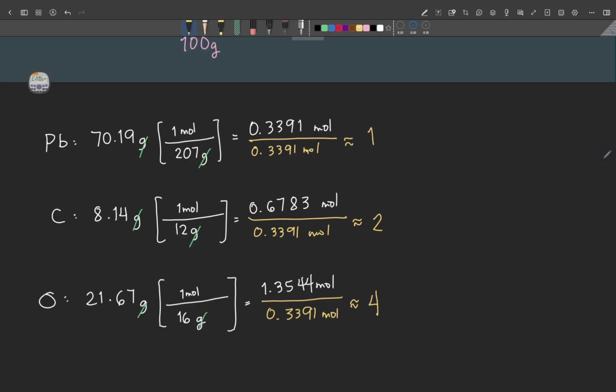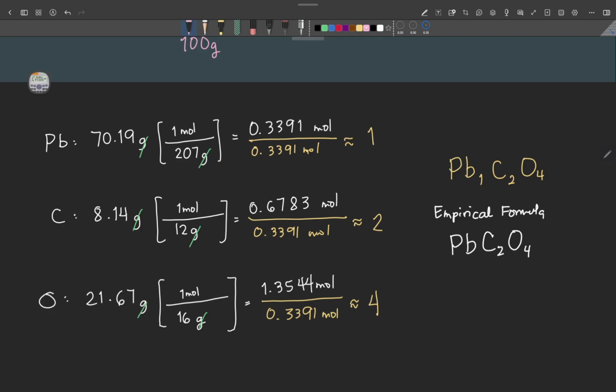Okay, and those numbers will be the subscripts. So that will be Pb sub 1 C2 O4. But because we don't write the 1, so that will be PbC2O4 as the empirical formula.